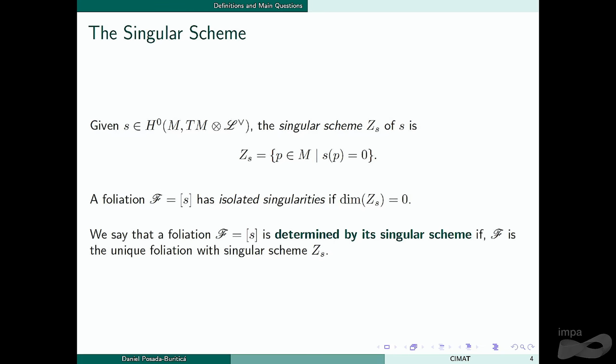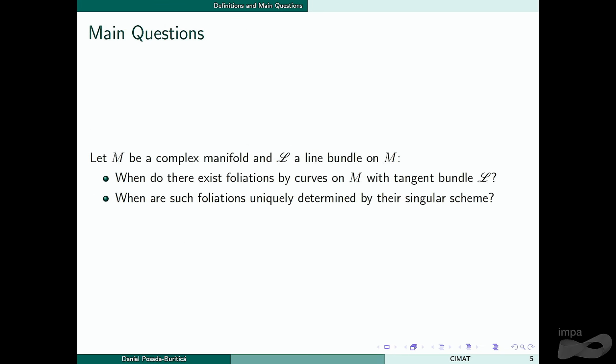With this, fix a complex manifold and a line bundle L on it. The main questions of this work are: when do there exist foliations by curves on the complex manifold with tangent bundle L? Next, when are such foliations uniquely determined by their singular scheme?